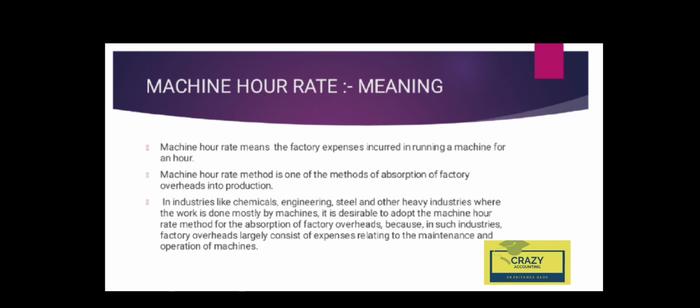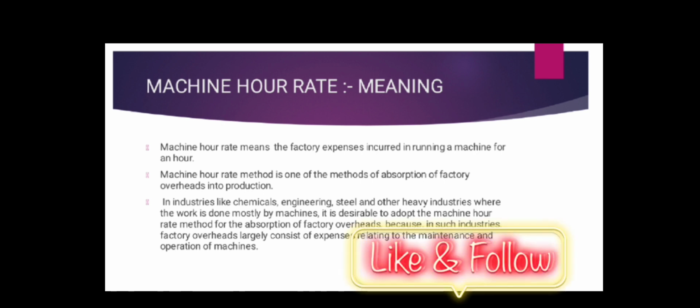This method is used where lots of machines work continuously, and their routine jobs, everything, are based on machines. So the machine hour rate method is one of the methods of absorption of factory overheads into production, right?